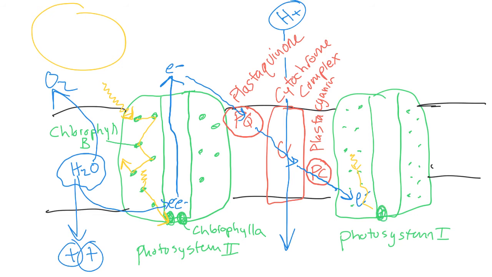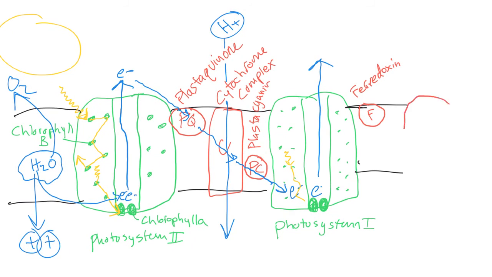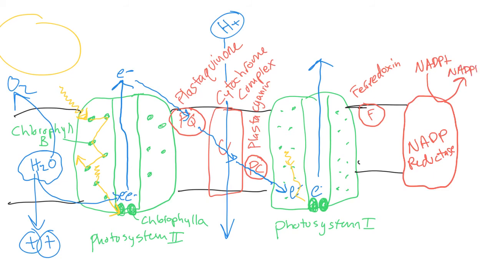If we get it to these chlorophyll A molecules, we can excite the electron again, pass it to ferredoxin, and then use that electron to reduce NADP plus to NADPH in the enzyme NADP reductase.